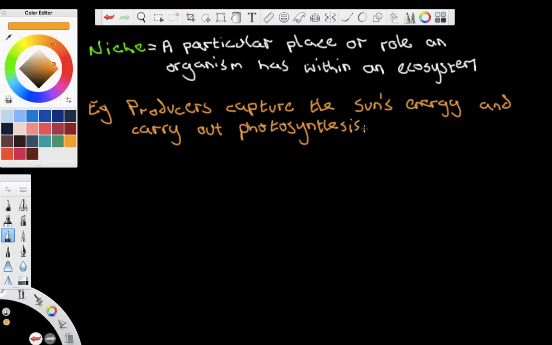Now, sparrows and squirrels both live in tree canopies, but they do not compete for food. What this means is two organisms will not have the same niche. They will do something slightly different.